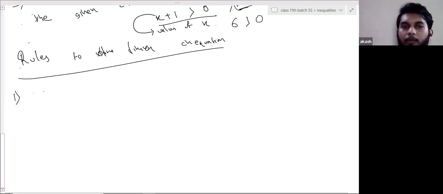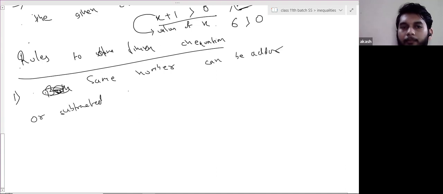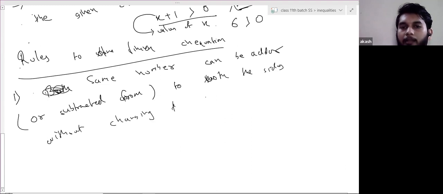Absolutely. So what this means, let me just repeat again, the same number can be added or subtracted to both the sides without changing the sign of the inequation. What does this mean?